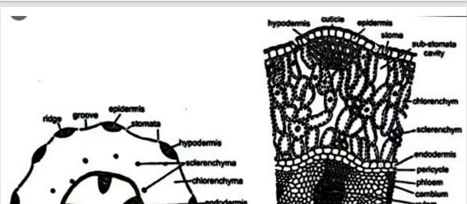Here the outermost layer, epidermis, the cells of which are parenchymatous and rectangular in shape. The outer walls of these epidermal cells have thick cuticle. Then below the epidermis, hypodermis is present, and patches of hypodermis are present below the ridge region.